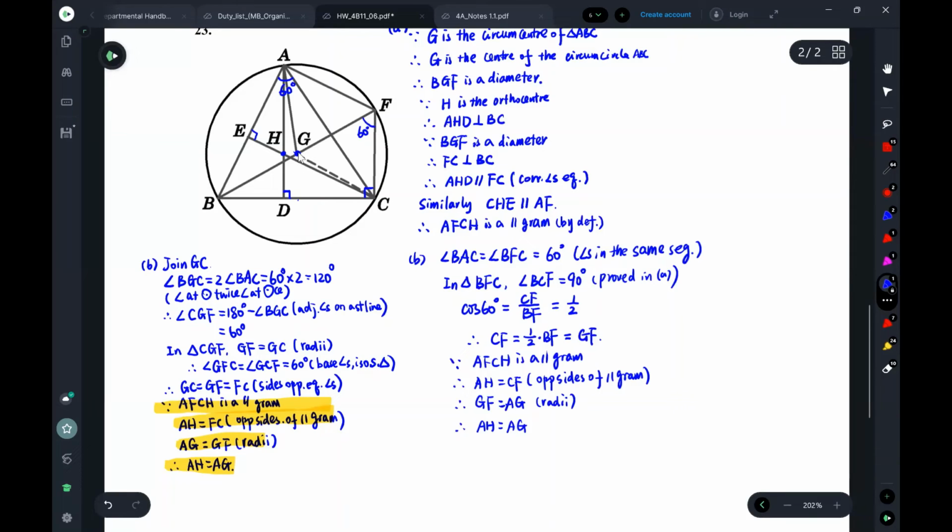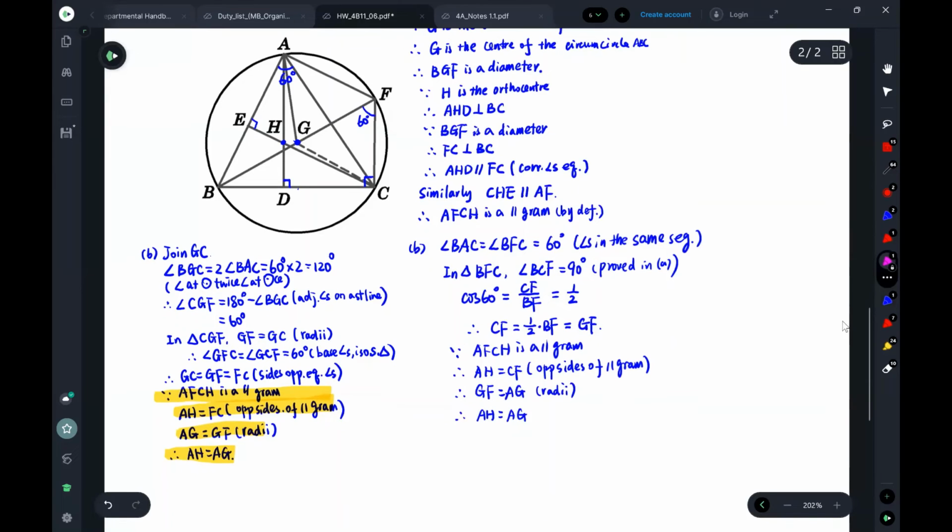I thought about drawing a line perpendicular to G, from G perpendicular to BC. This is my suggestion. It's not related, but I thought about this line.